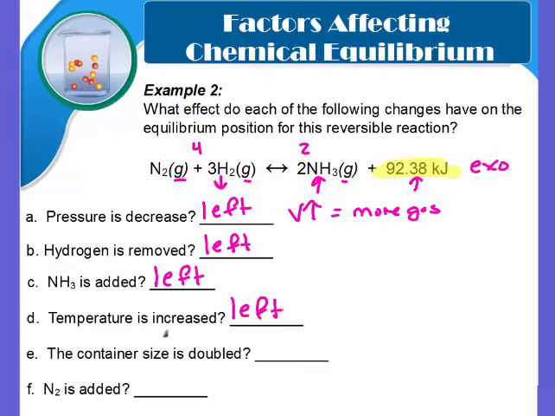Container size is doubled, so volume increased, which means pressure decreased, and I want more gas. And if I want more gas, then just like A, it's going to shift left towards more gas. And finally, if I add nitrogen, that's adding a reactant, so it's going to shift right to use that reactant up.